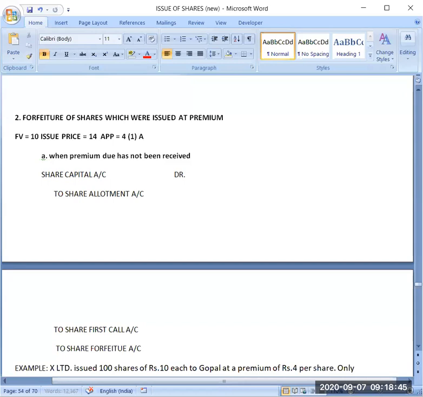Then allotment rupees 3, including 1 as premium.